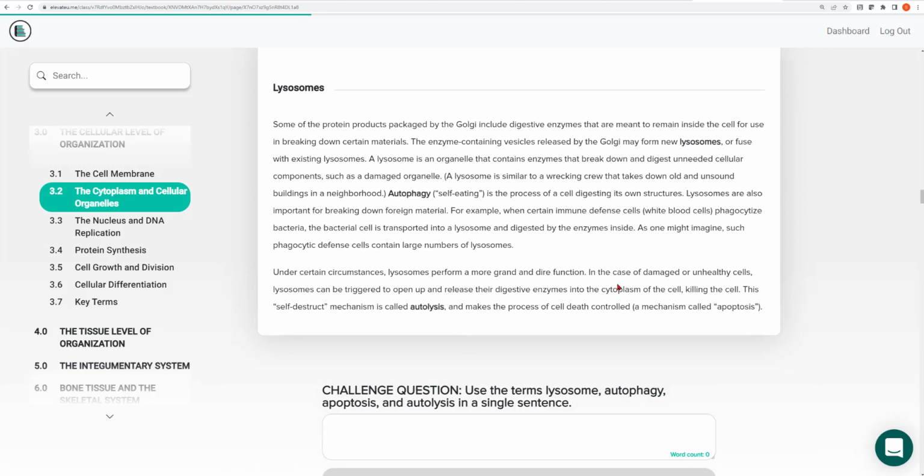Also, lysosomes are part of another process called apoptosis. We'll talk about apoptosis quite a bit later, but apoptosis is programmed cellular death, a process of cell death. When cells get old, oftentimes the cell will undergo apoptosis. The cell will die, and this is not through damage.